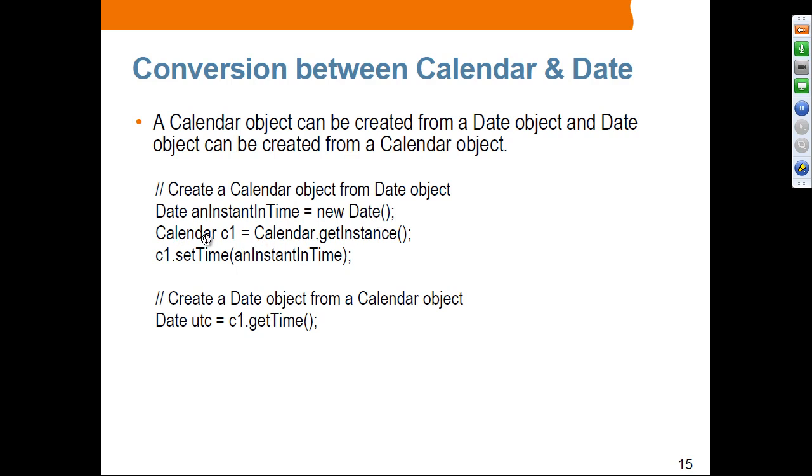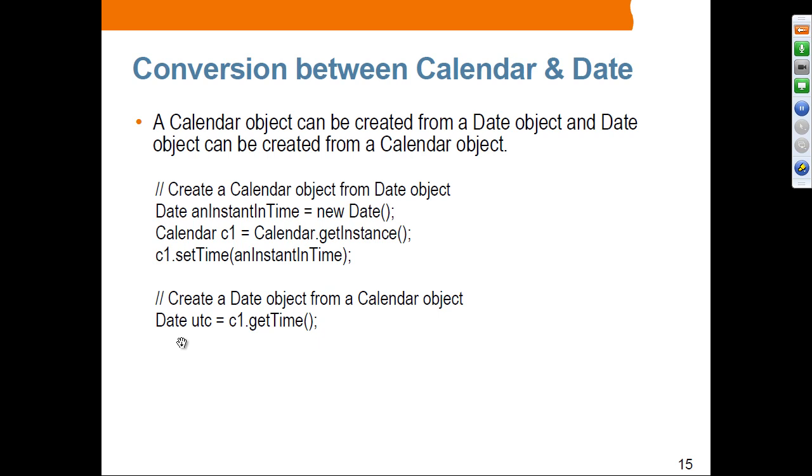Then we have a calendar object, and you can set this calendar with your date object value. You call setTime and pass the date object. This is the way you create a calendar object from a date object. To convert a calendar object to a date object, you just call getTime, and it will return a date object.